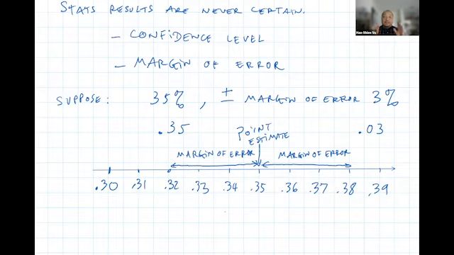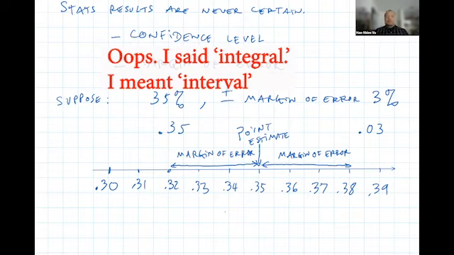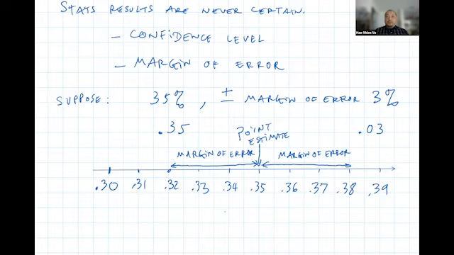And therefore, from 0.32, which is the low side of 0.35 minus 0.03, to 0.38, which is the high side from 0.35 plus 0.03, anything in there could be the proportion. And so our confidence interval could be written in interval notation as (0.32, 0.38).